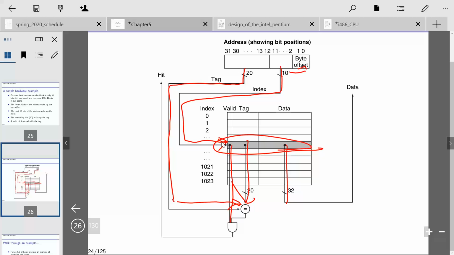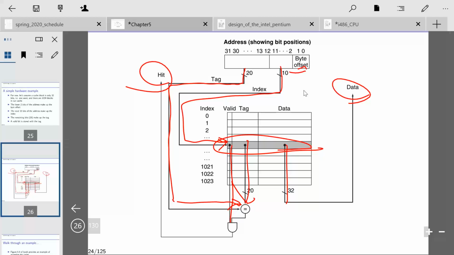Okay? So again, to access the cache, we pull the 10 bits of index and use that to grab the block. Then we compare the tag from that block and look at the valid bit. If the tags compare and the valid bit is set, we identify this as a hit to the microprocessor, and it will grab this data and use it.